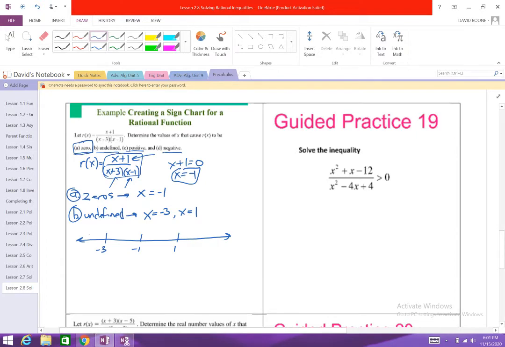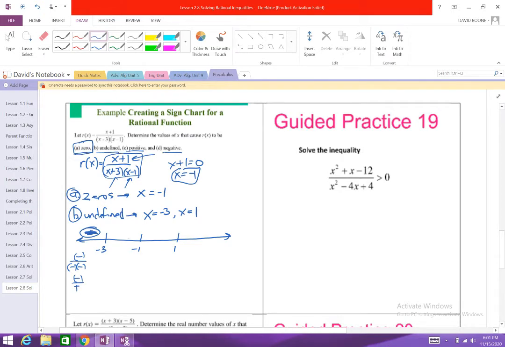If I took a number, say -5, and put that into our equation, we'd have -5 plus 1, a negative number, all over -5 plus 3, a negative number, -5 minus 1, a negative number. Continuing this out, this would be a negative number over a positive number, which would make it negative. So I know it's negative in this area.